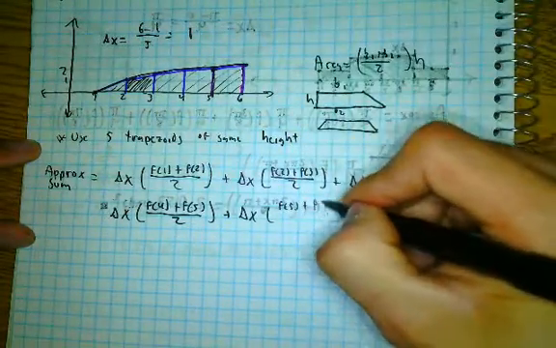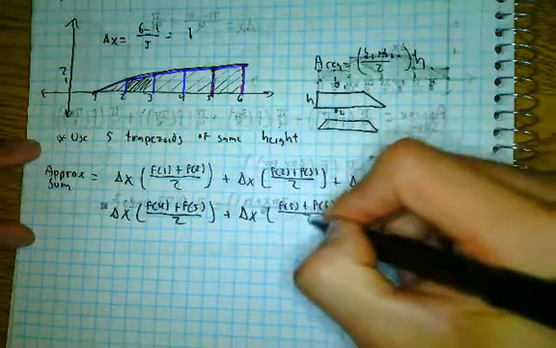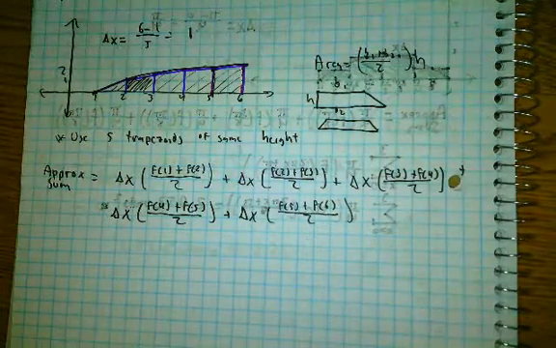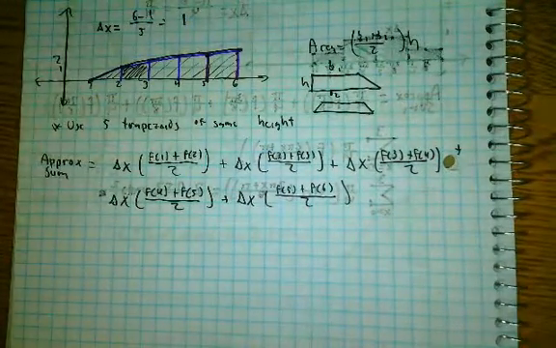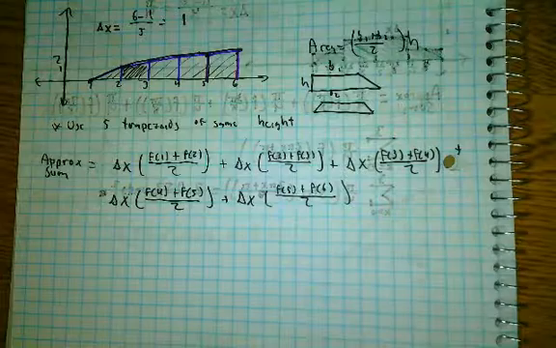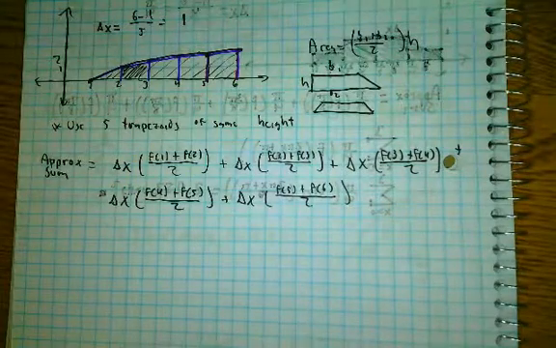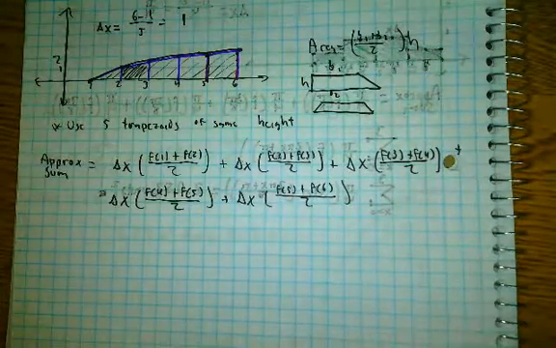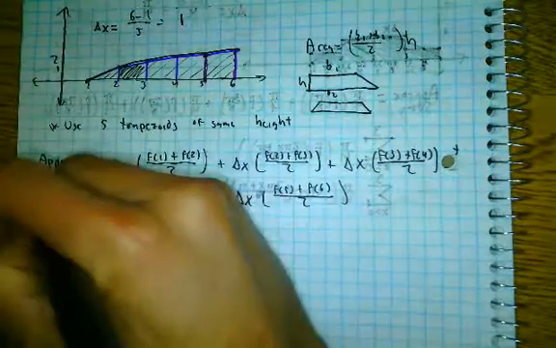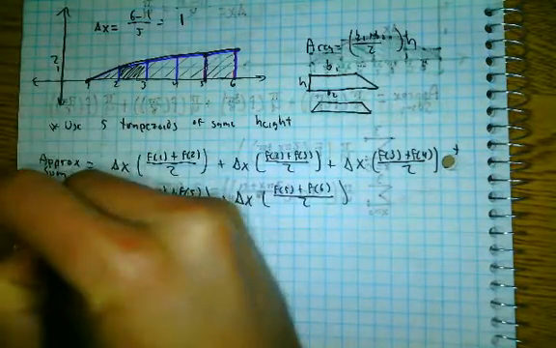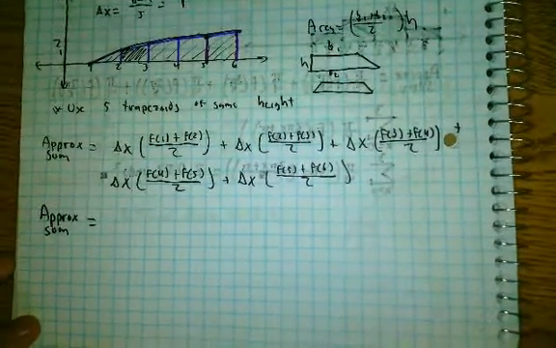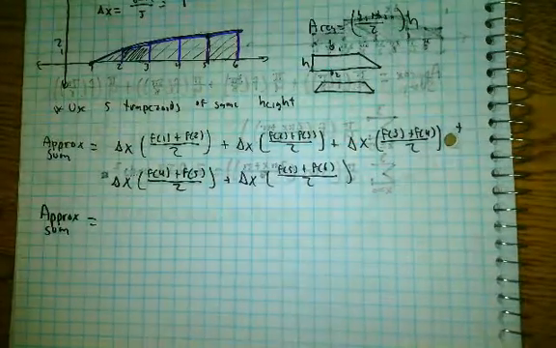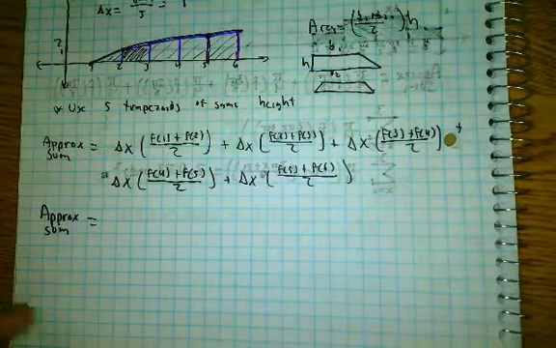Alright, so we can then say that the approximate sum, I'm noticing that all of these have in common a delta x and a 2 in the denominator. So I could factor out a delta x over 2. If I do that, then I would just be left with f of 1 plus f of 2 plus f of 2 plus f of 3 plus f of 3 plus f of 4 plus f of 4 plus f of 5 plus f of 5 plus f of 6. Agreed?